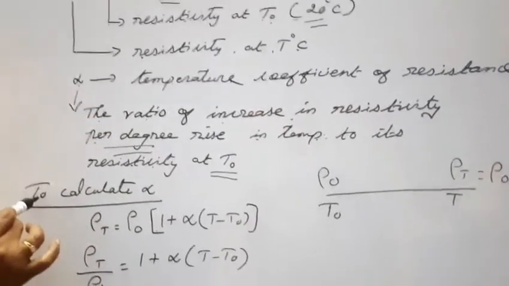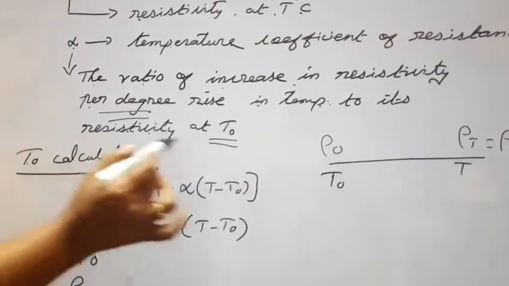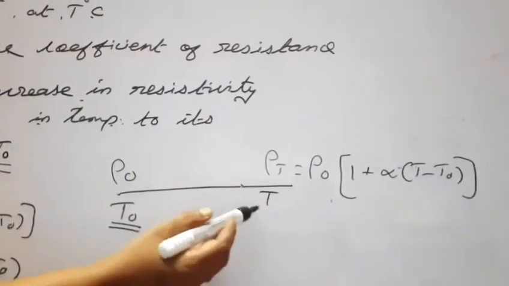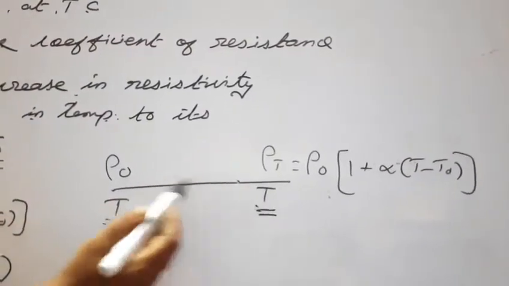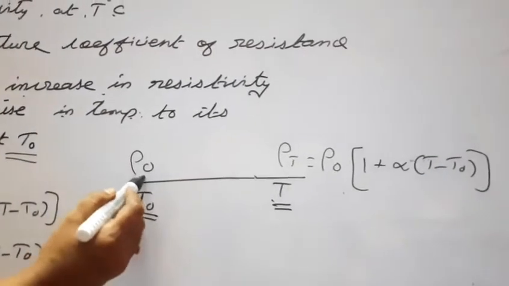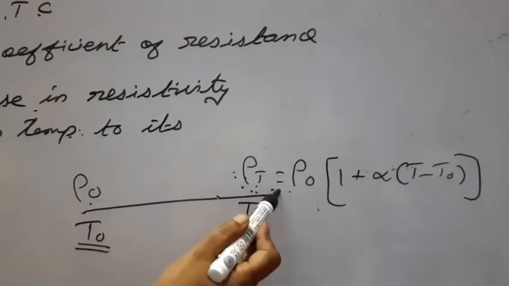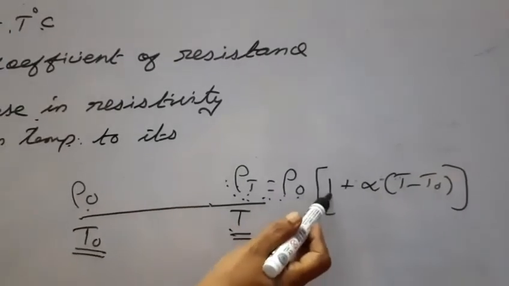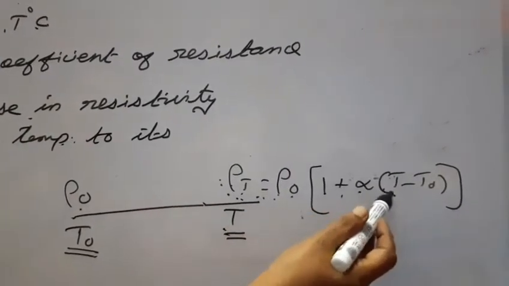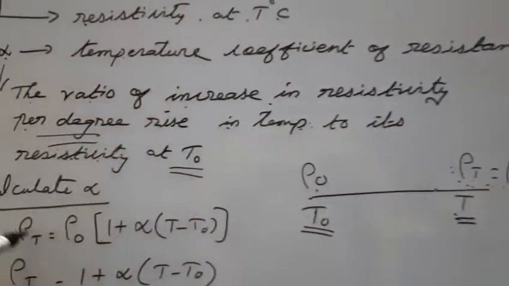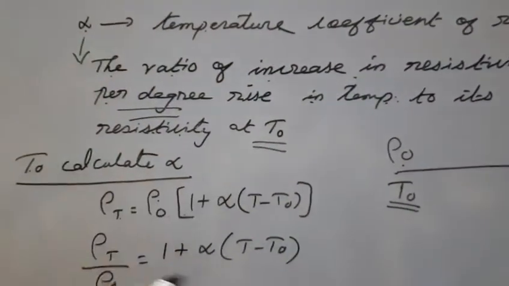Suppose we take one conductor. In this conductor, the initial temperature is T naught and the final temperature is T. The initial resistivity is rho naught and the final resistivity is rho T. We calculate rho T by the formula rho naught into 1 plus alpha into T minus T naught. Here we modify the formula to calculate the alpha value.